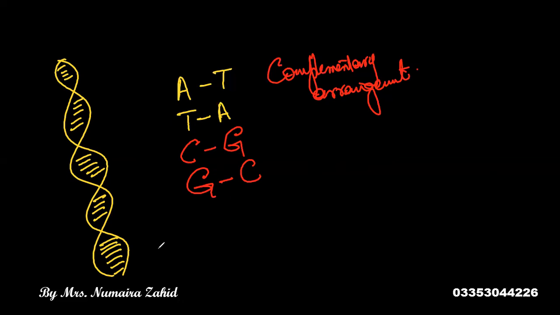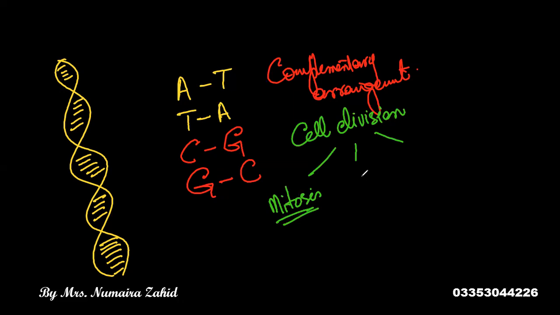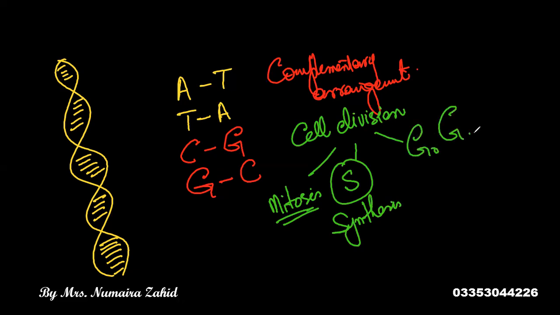Now we know that DNA is able to make its exact copy in the nucleus before cell division. Cell division has many different phases. There is the mitotic phase, which is the division time, and an interphase consisting of the S phase, called the synthesis phase, and the G0, G1, and G2 phases, which are the gap phases.